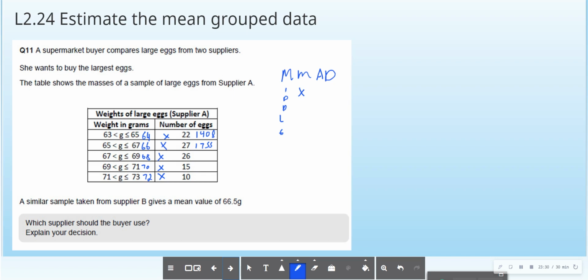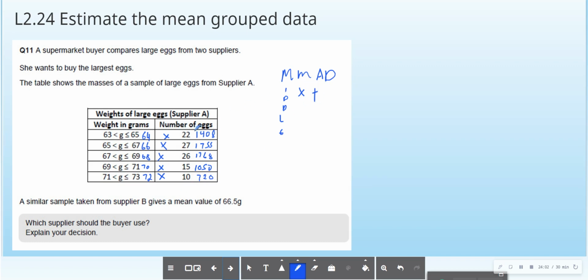No, sorry, 68 times 26. Now I'm doubting the other ones I did right as well. 1768. Your next one, 70 times 15, 1050. And your last one, 72 times 10, which is 720. So that's the multiply.